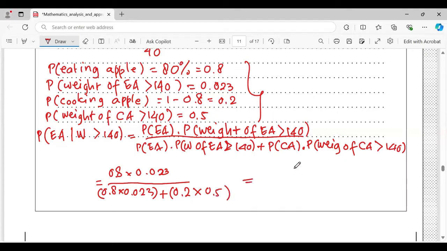If you calculate, you can find the fraction 23 over 146. This is my calculation. See if you have any fractions that match your calculation.